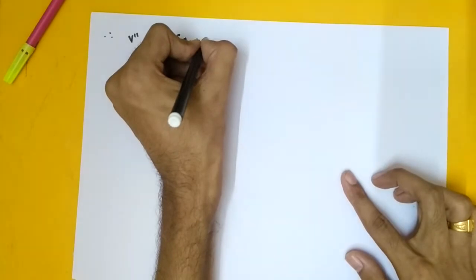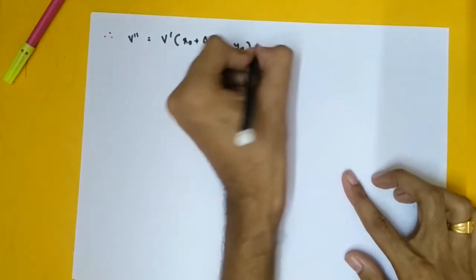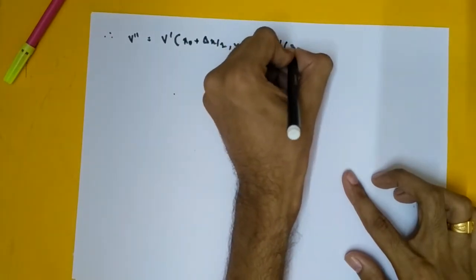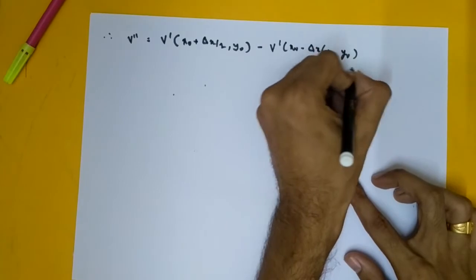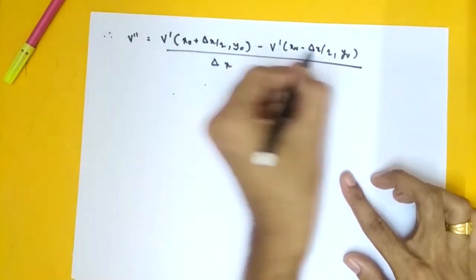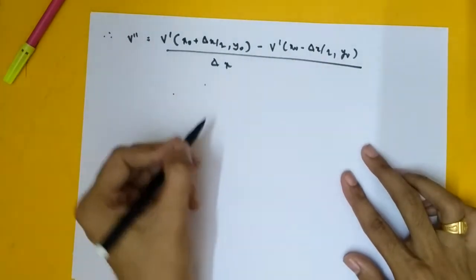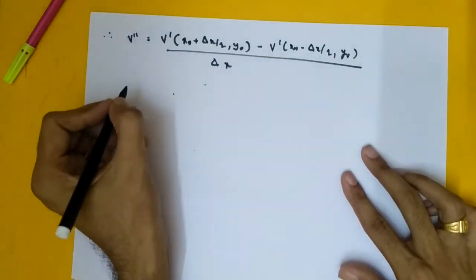So it becomes delta x की जगह delta x by 2 रहेगा, rest all will be same, minus v prime of x naught minus delta x by 2 comma y naught upon delta x. Why delta x now? Because ये दोनों का डिफरेंस क्या है अभी? delta x, okay. प्रीवियस केस में ये डेल्टा एक्स था, ये डेल्टा एक्स था, इसलिए डिफरेंस वाज 2 डेल्टा एक्स, right?